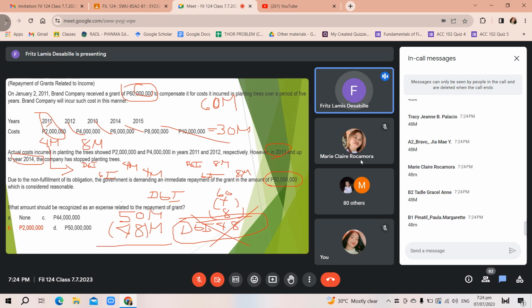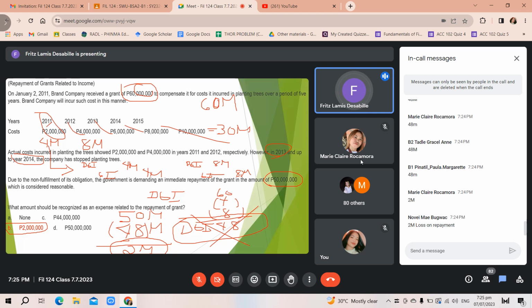So 50 million minus 48 million, ang excess ani is what we call a loss on repayment of 2 million. So this is why the answer is letter B, 2 million.